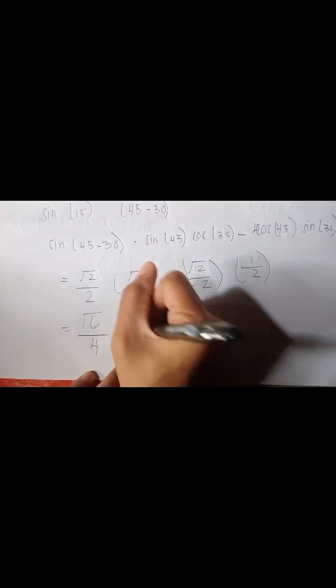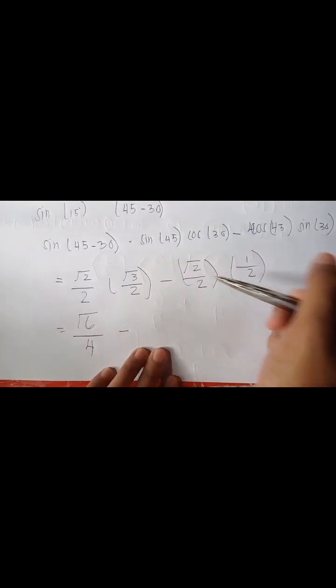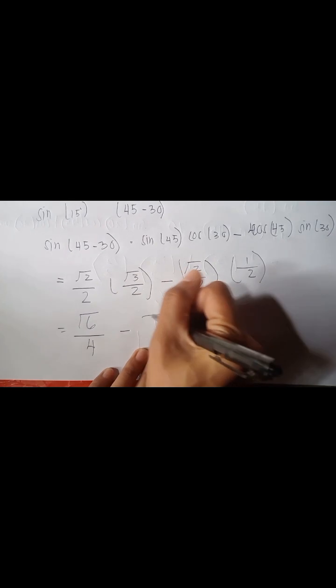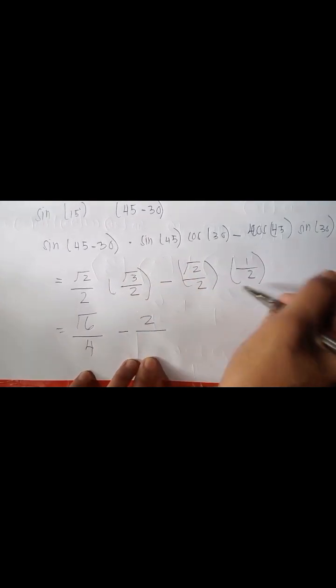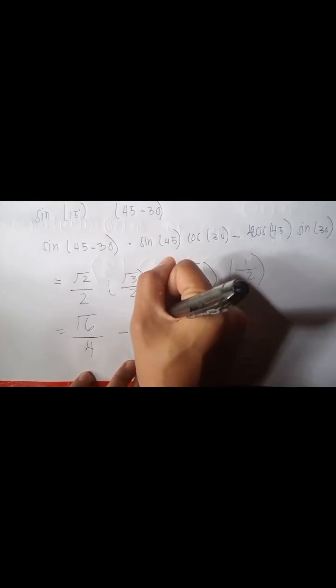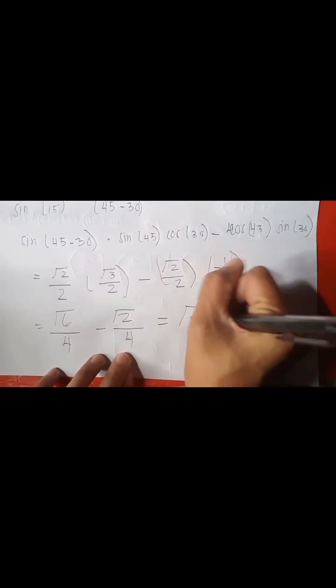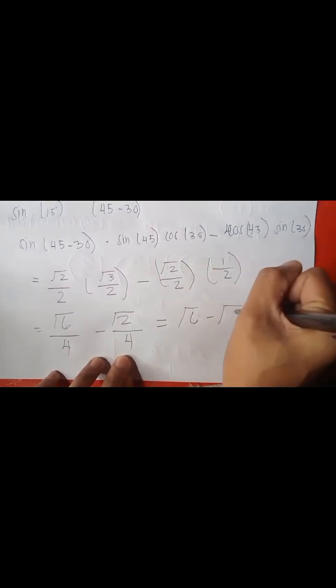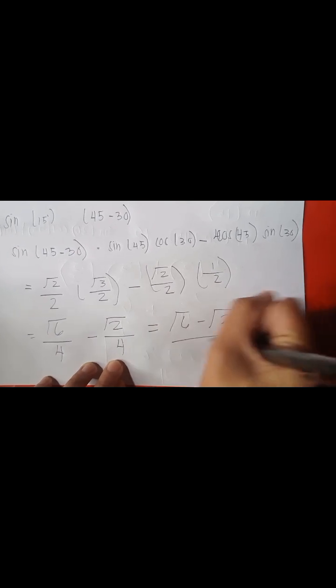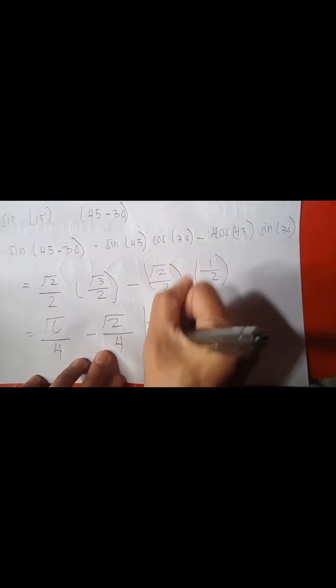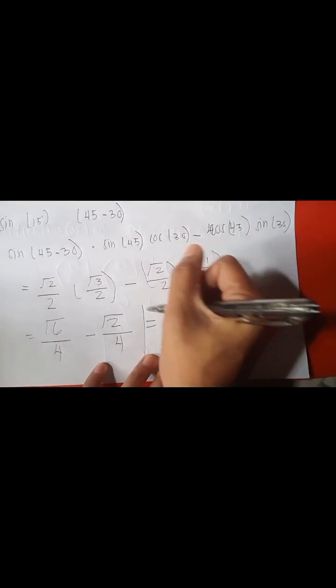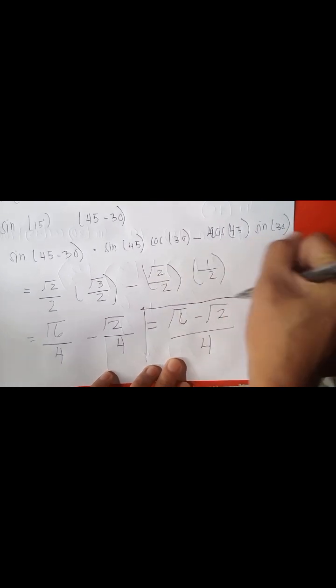Radical 6. Minus 2 times 1 equals 2 over 2 times 2 equals 4. So, the final answer is radical of 6 minus radical of 2 over 4. So, this is the difference identity using sine function of 15 degrees.